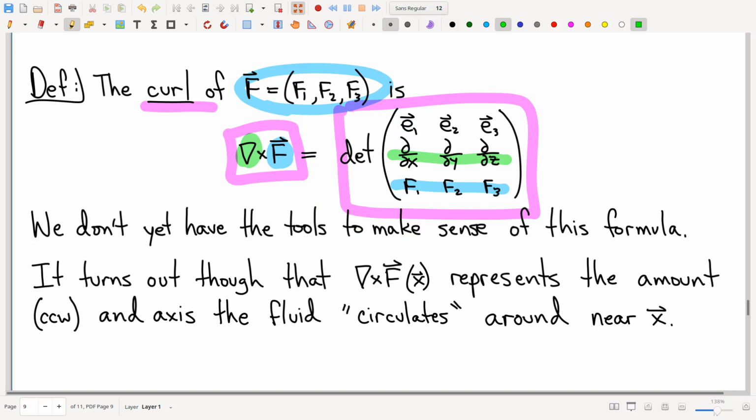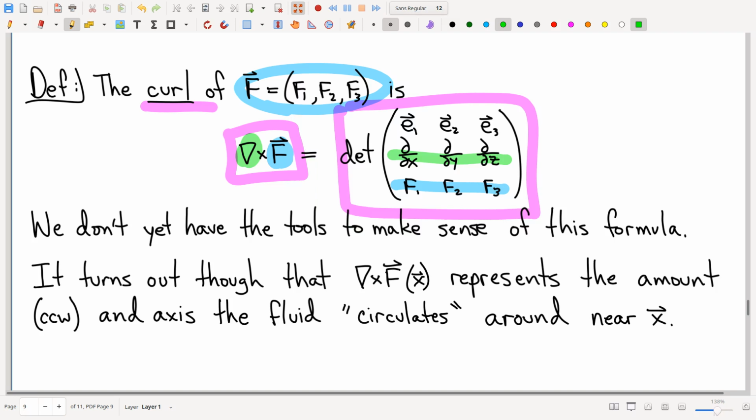Again, we have to be flexible in our interpretation of the cross product. It's supposed to be for two vectors. The del operator, you've got to be willing to interpret this as a vector. And cross is what you get when you take a determinant, with the standard basis vectors across the top as our little symbolic determinant, then the first vector in the next row, and the second vector in the last row.